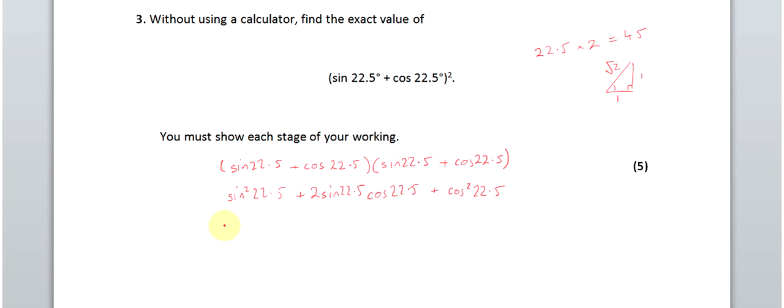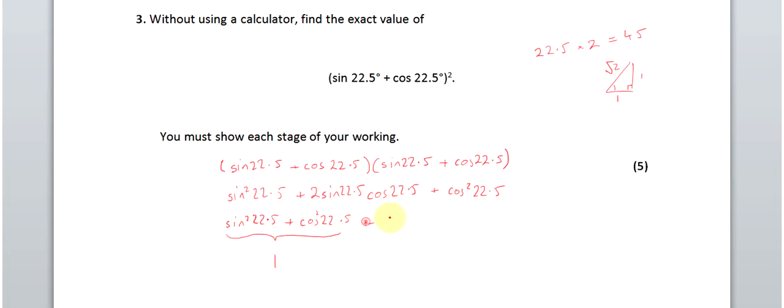Now, why am I doing this? Well, sine of 22.5 and the cos of 22.5 go together, and they make 1, because sine squared x plus cos squared x equals 1.